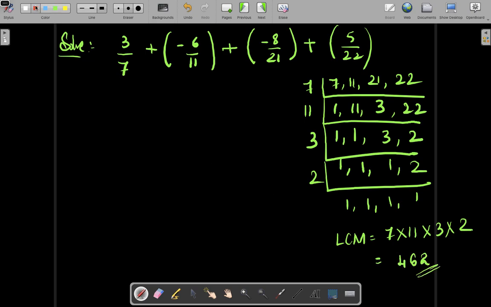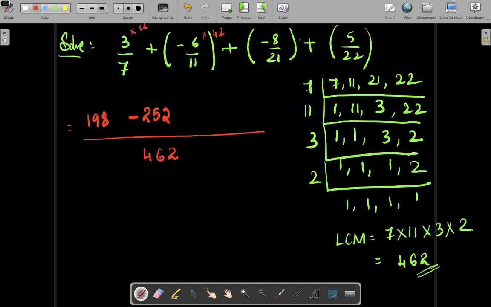Now let's solve it here. 7 times 66 is 462. Let's write it as 462. 7 times 66, which is 66 3 is 198. Then 462 divided by 11 is 42 times, which will be minus 252.